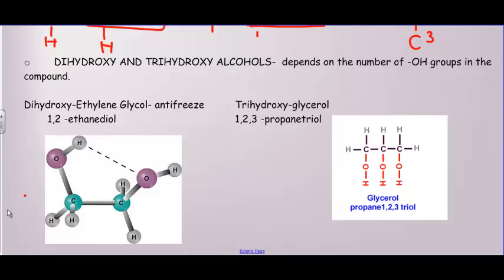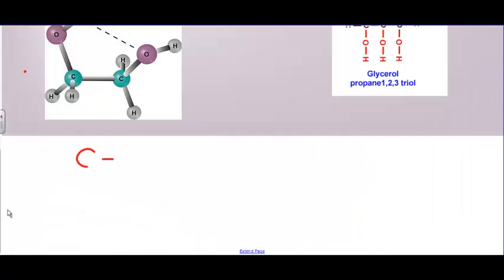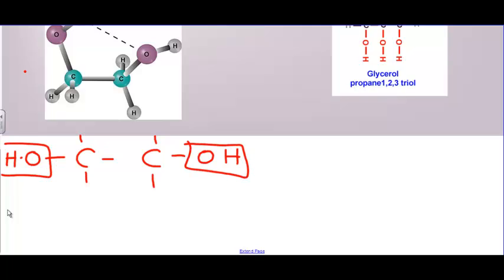It's 2 carbons, kind of like ethanol, but instead of just 1 OH group being present, there are actually 2 OH groups being present. And then you'd fill in with hydrogens. So a dihydroxy alcohol has 2 OH groups, and this is the structure for antifreeze. This is what you put in your car to prevent the fluids from freezing in the wintertime.